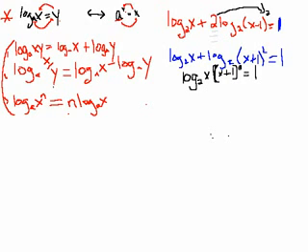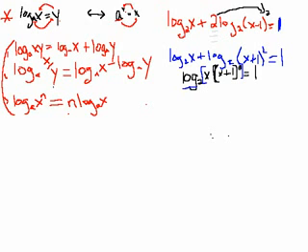Parentheses is fine. Actually, it might be a good idea to put all of this in parentheses so that all of it is inside the log. But this is perfect. So far you've done great. Now we have a single log on this side. We can use that first rule.